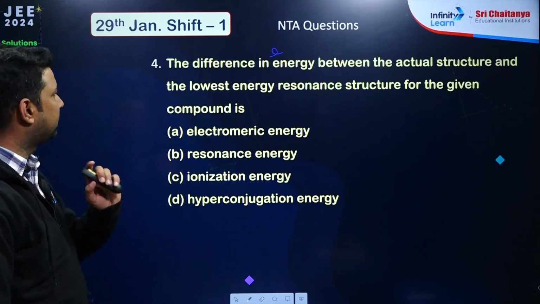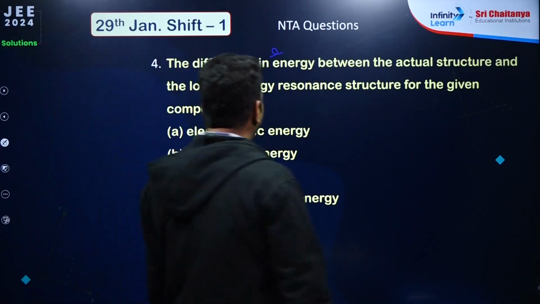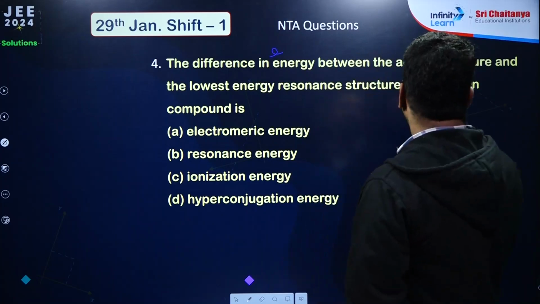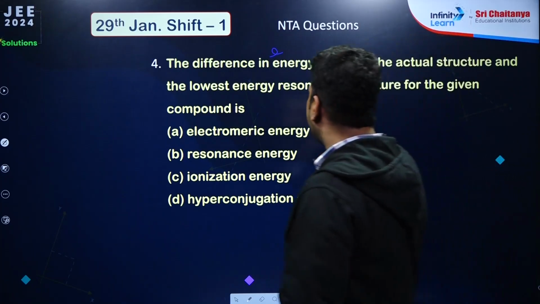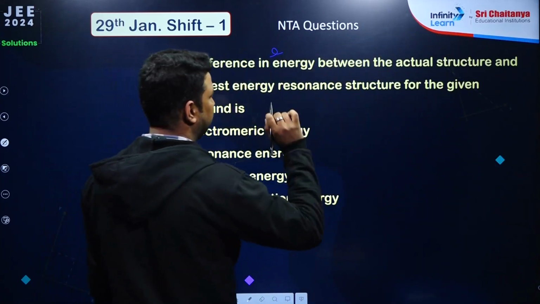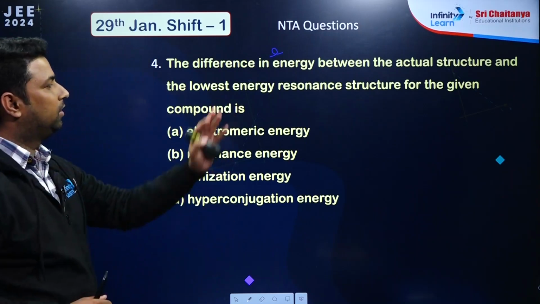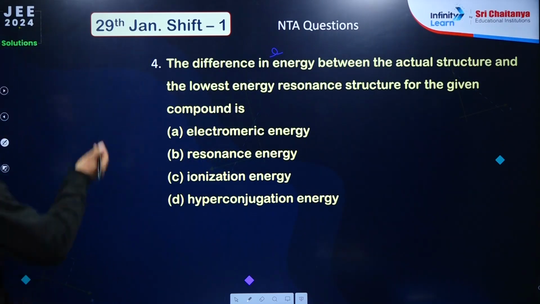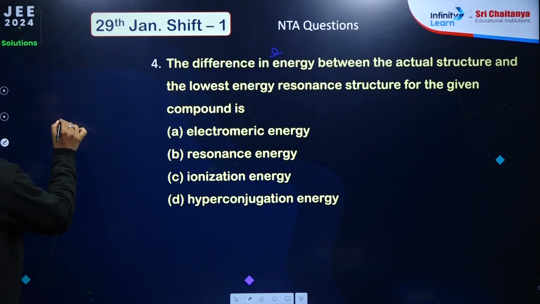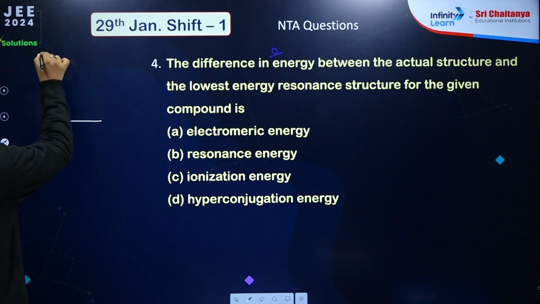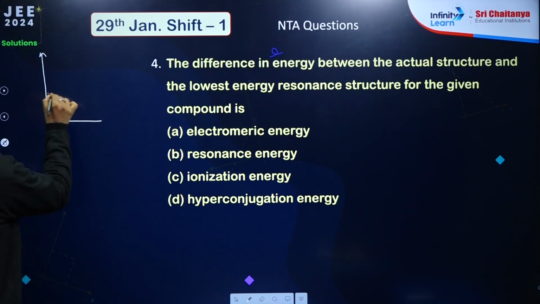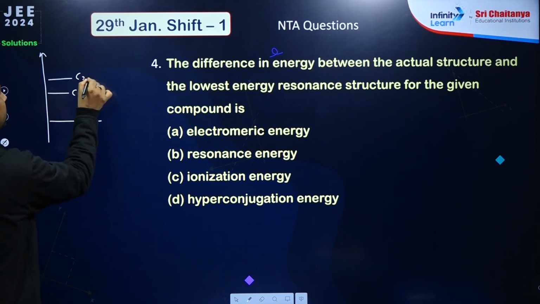So moving towards next question number 4. The difference in energy between actual structure and lowest energy resonance structure for the given. See, we have the actual structure on an energy scale, and canonical forms C1, C2, C3.